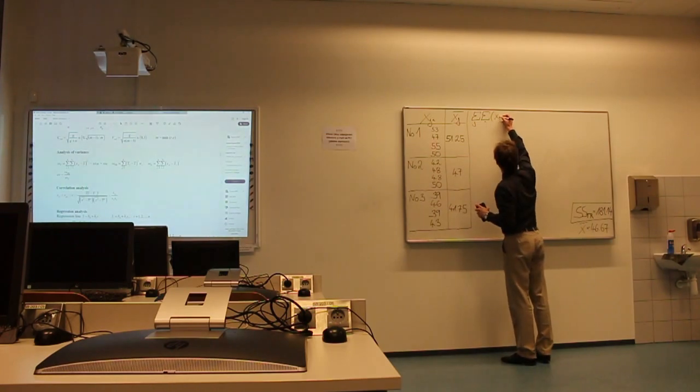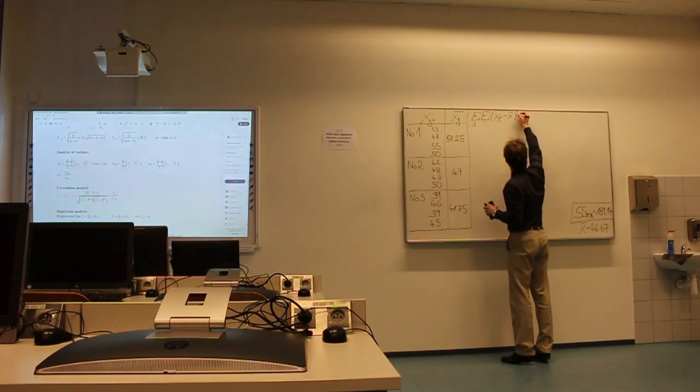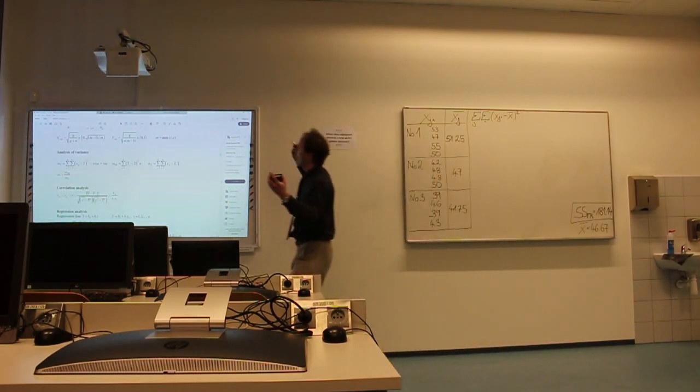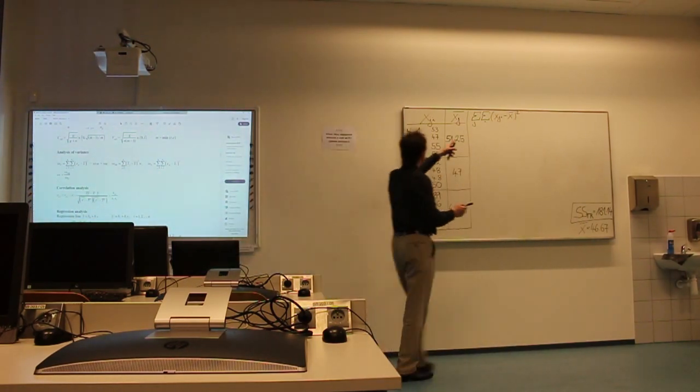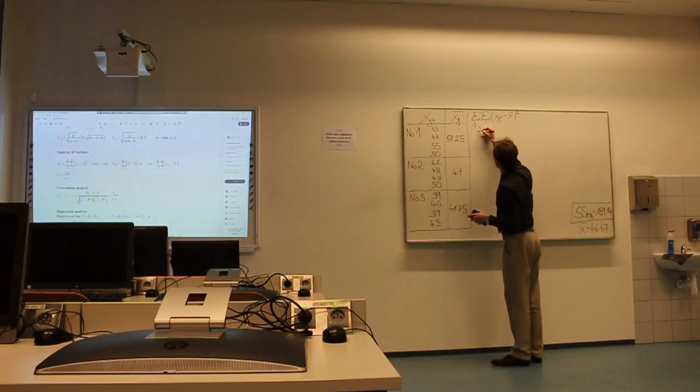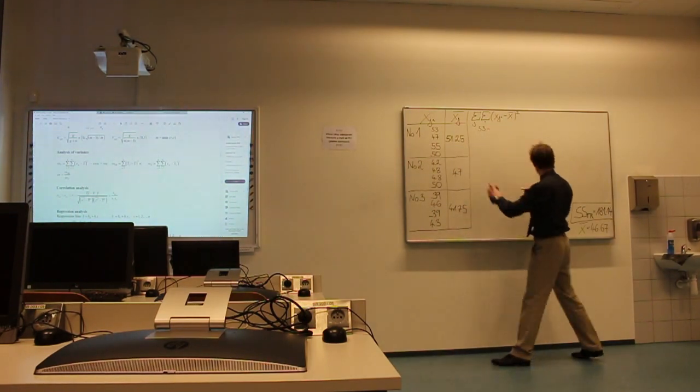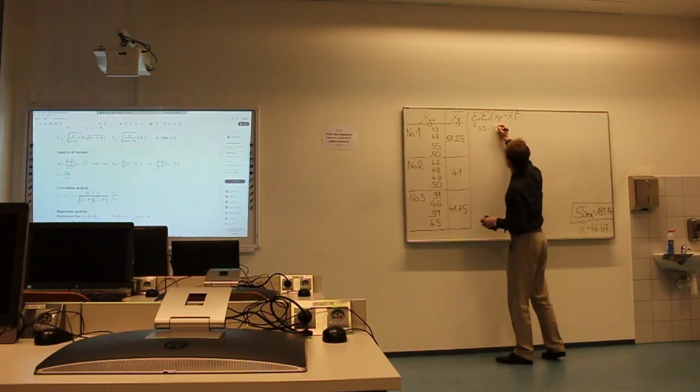So x_je, there is total mean squared. That's all, yes? So all values, there will be 53 minus total mean, 46.67, 46.67 squared.